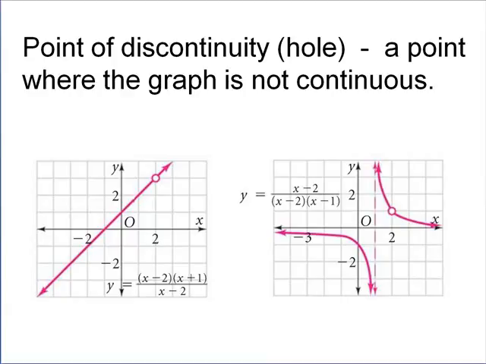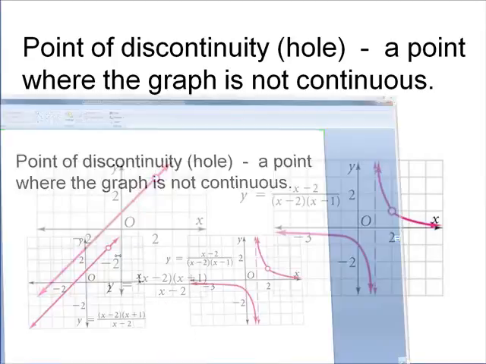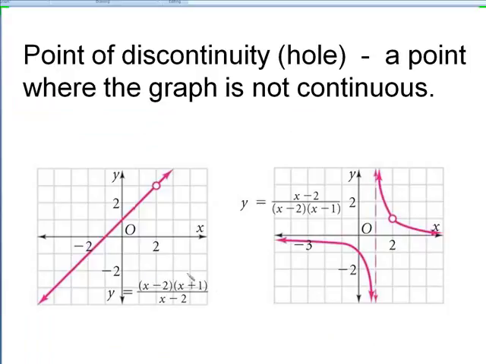So let's talk about how to find a point of discontinuity. Here's the actual function, and here's the graph for it. After you've factored everything, to find any possible holes, not every graph is going to have a hole, look for any factors that cancel out.